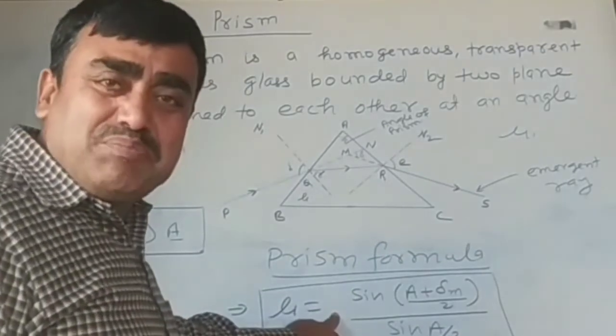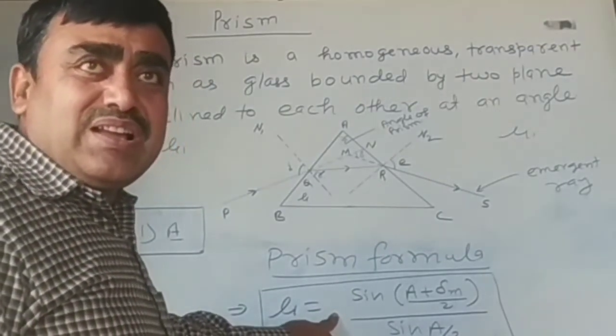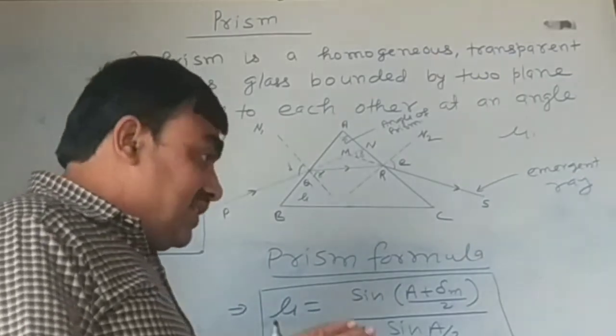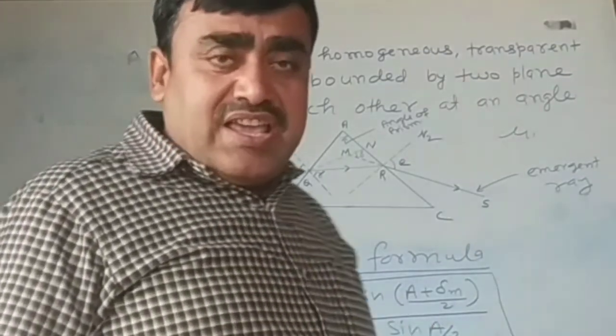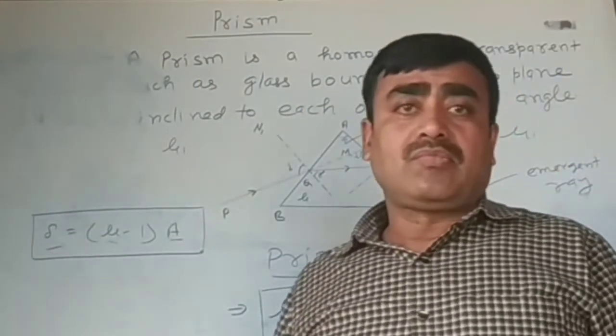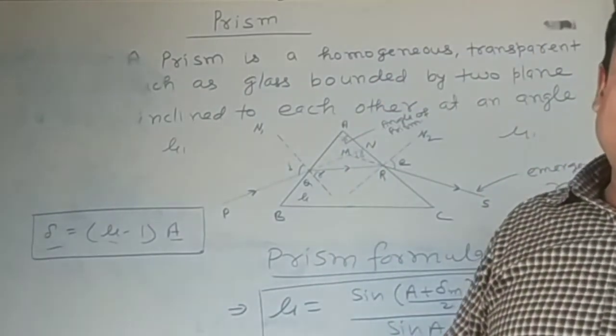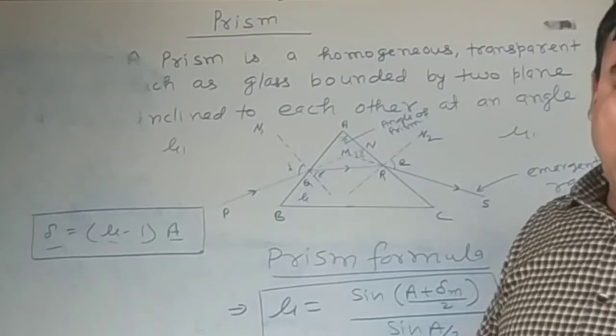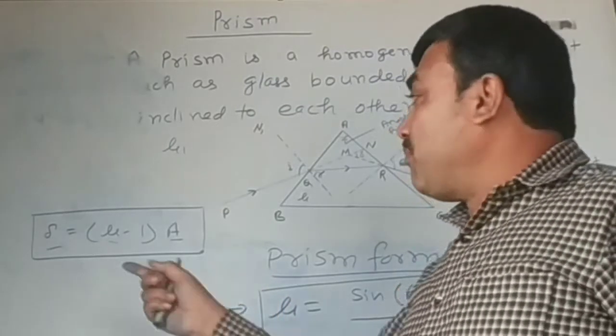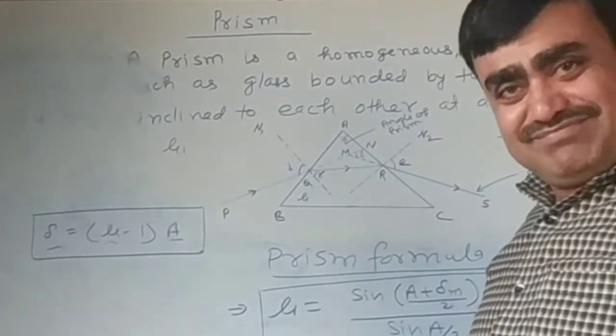This is the prism formula. It is derived in other higher classes. Okay, but you have to remember both the formulae.